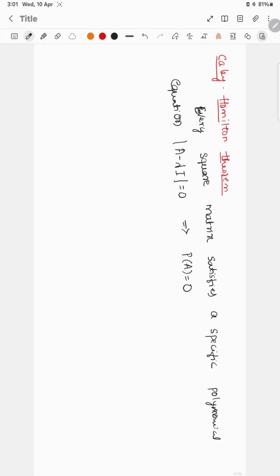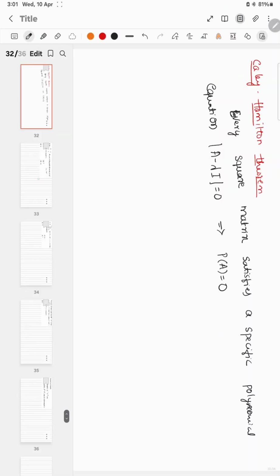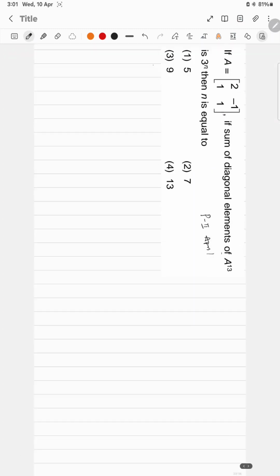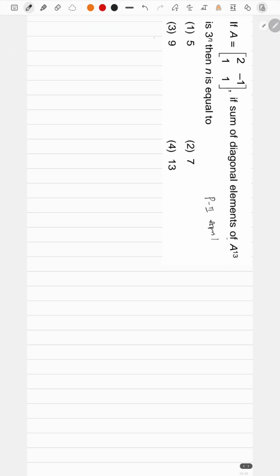Now we go back to the question and apply the Cayley-Hamilton theorem. A is [[2, -1], [1, 1]], and lambda I is [[lambda, 0], [0, lambda]]. So the determinant of [[2 minus lambda, -1], [1, 1 minus lambda]] is equal to 0.